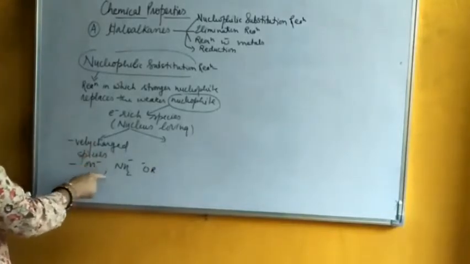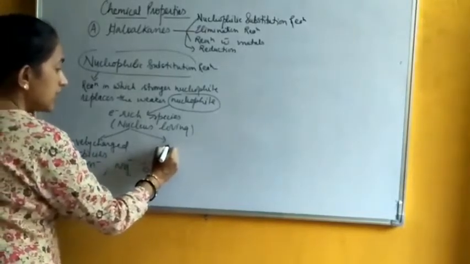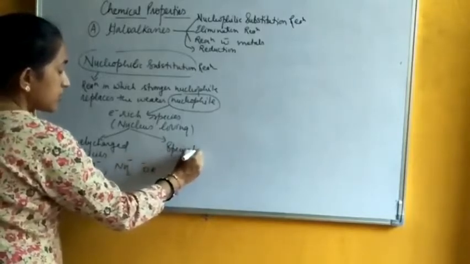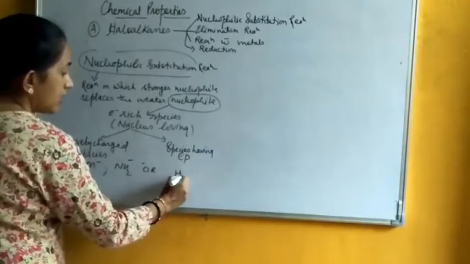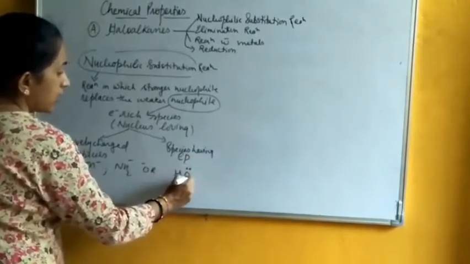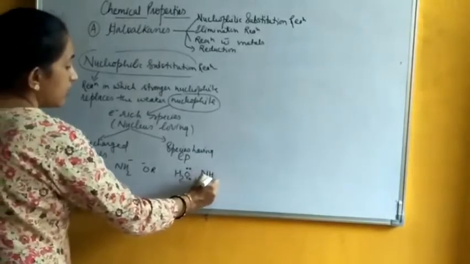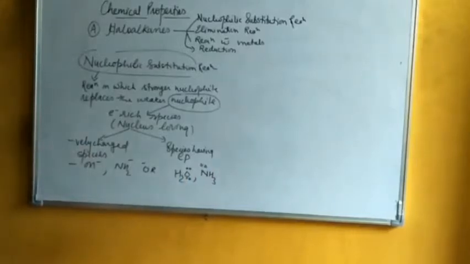These are the negatively charged species. And the second type, student, is the species having a lone pair, like water. Water has two lone pairs on the oxygen atom. Likewise, ammonia, which has one lone pair on the nitrogen atom.